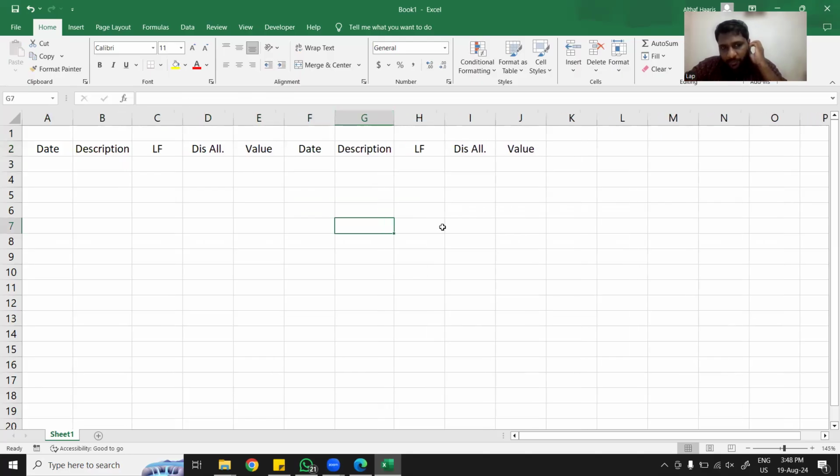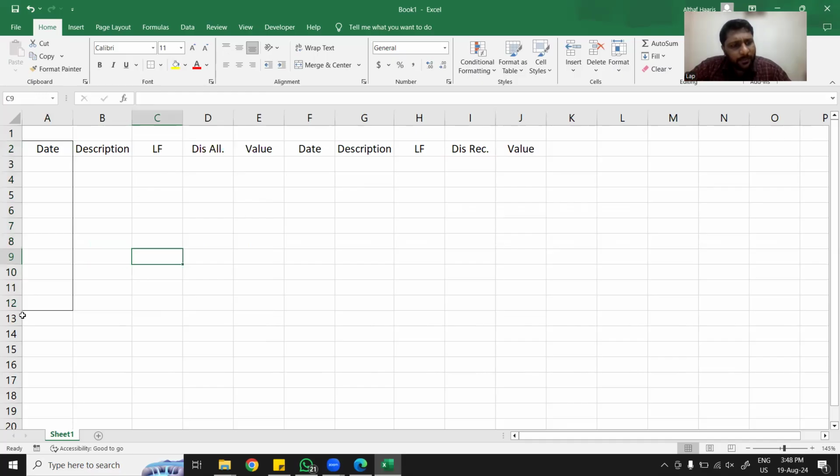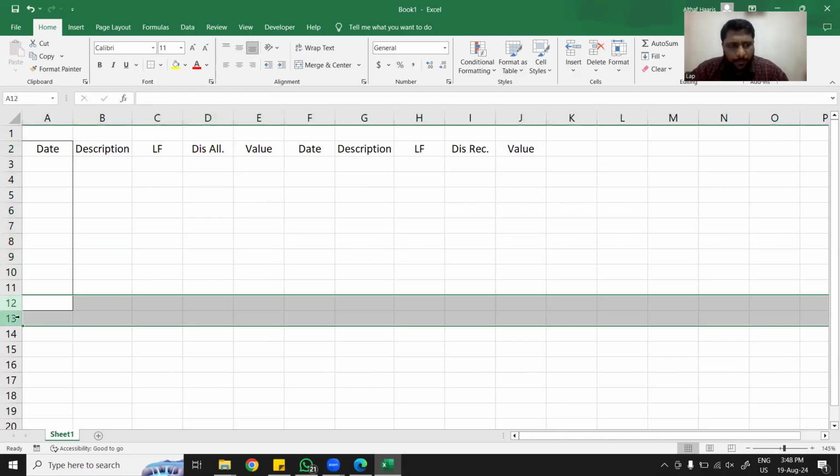Here, instead of writing the cash transactions, we will write the transactions done through the bank. Discount received. Take it for maybe 10 lines.